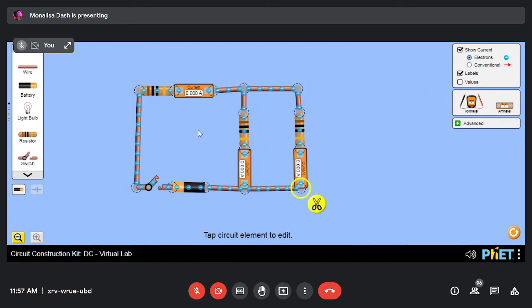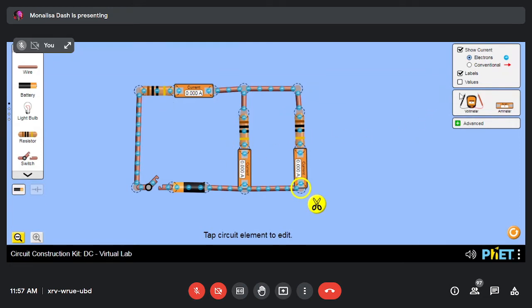Is everything there or anything missing? Three resistors I am taking. You can also take a lamp, light bulb, instead of a resistor. Then 3 ammeters, because we are taking the lamp load also, along with the resistor. So these are the loads.